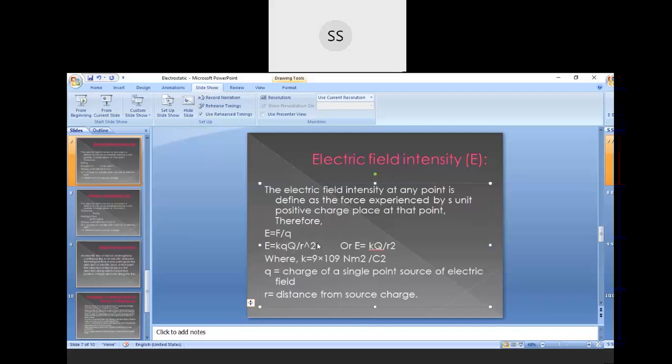According to the definition of electric field intensity, E equals F divided by small q. So this small q and that small q will cancel out, and the final answer for electric field is E equals kQ divided by r square.